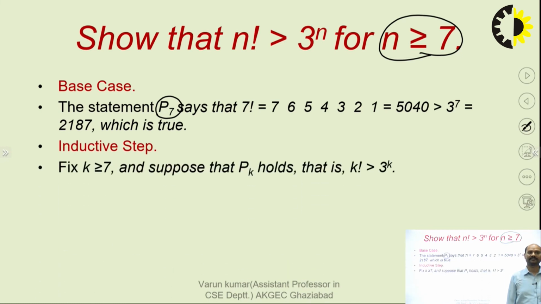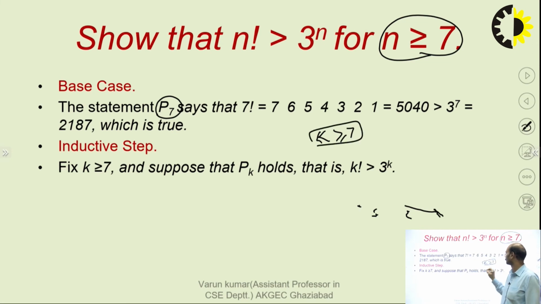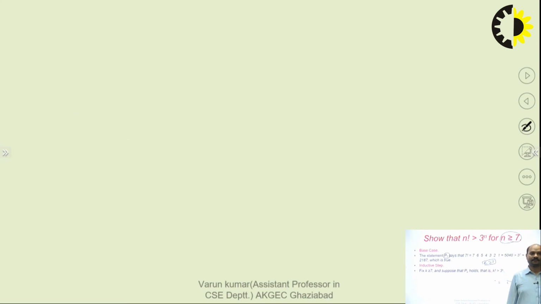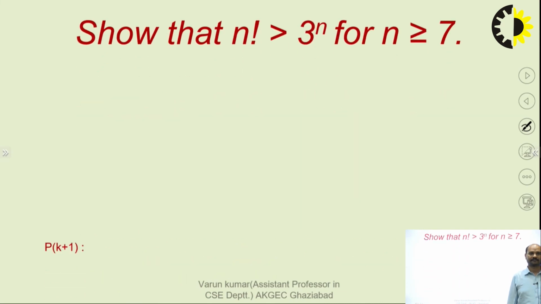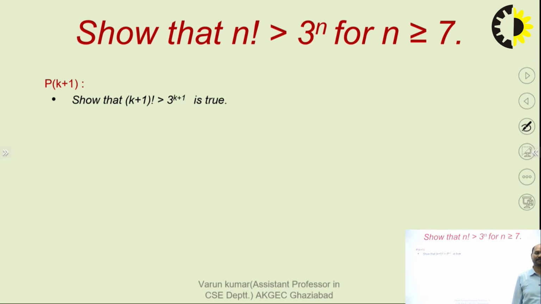So for the inductive step, we assume that Pk holds, that this particular function is true for any value k, where k is greater than or equal to 7. So we take Pk plus 1; we must show that k plus 1 factorial is greater than 3 to the power k plus 1.